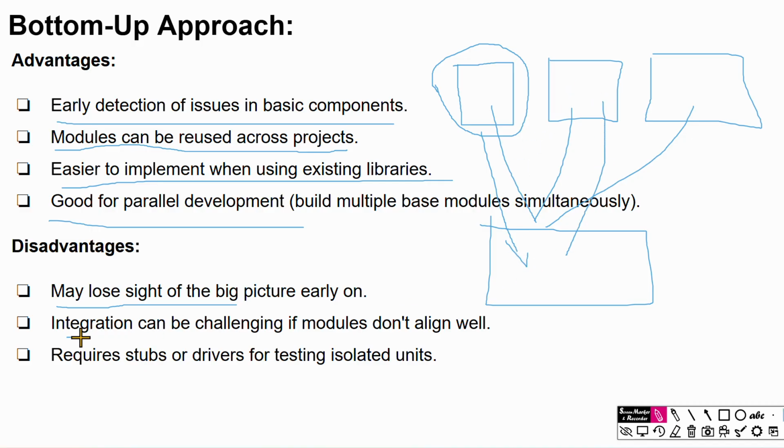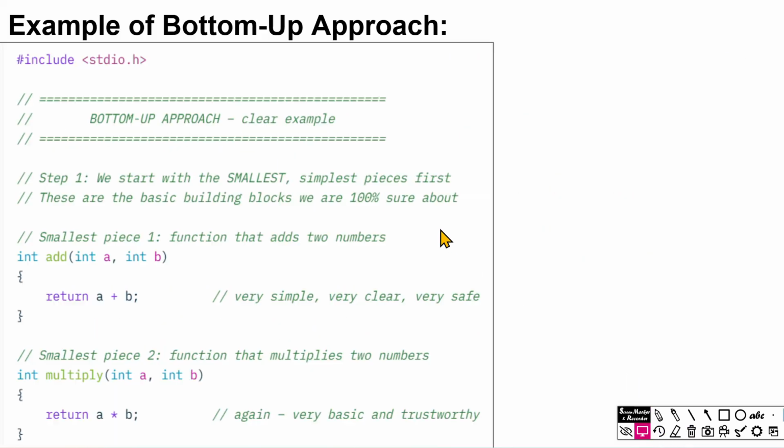When you are integrating, if it does not fit properly in the main program, then it is very difficult to merge these subprograms. So it is very challenging to add these subprograms into the main program. Okay, so this is about your bottom-up approach.